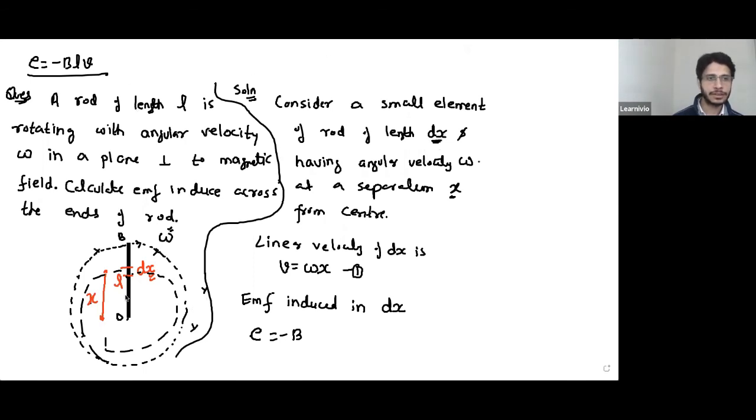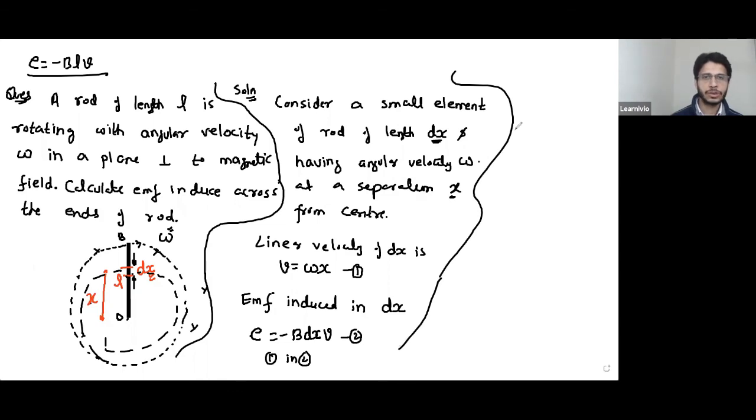So we have considered this element here. I'm calculating induced EMF in this element only. So it's minus B. The length of the element is dx. Its velocity is v. I can substitute 1 in 2. If I substitute 1 in 2, then we will get that induced EMF is minus of B dx into v.